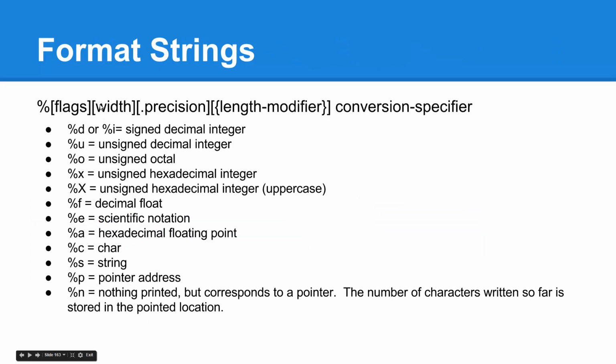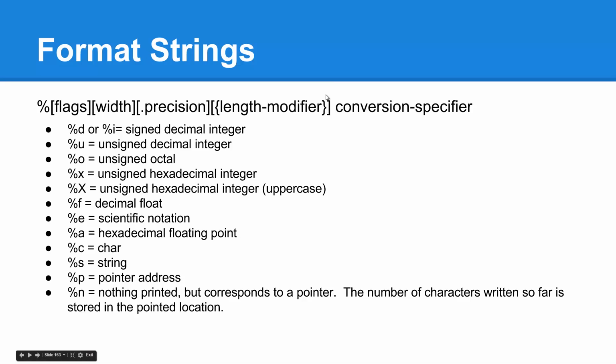So here are all the flags and conversion specifiers for a format string. The format is that before the conversion specifier, which are listed here, which most people who have programmed C are familiar with, %d, which is for integers, %c for characters, %s for strings, maybe %x for some.